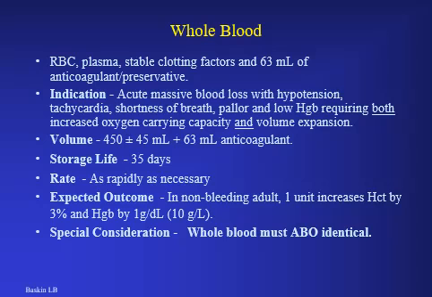Note, whole blood has to be ABO identical to the patient. This is important because the donor's red cells will have antigens that you hope that the patient doesn't have, and the donor's plasma will have antibodies that should not be directed towards the recipient's red cells.